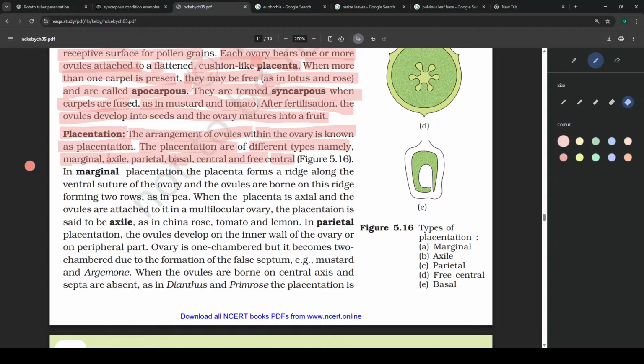We know that the ovary contains ovules, but how they are arranged, we do not know yet. There are specific types of arrangement, the most general ones, which most flowers follow, which you will learn here.